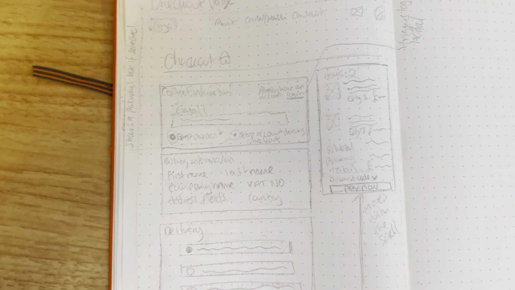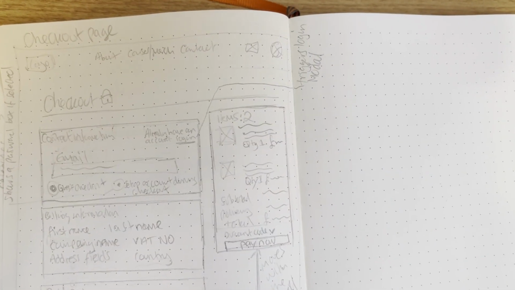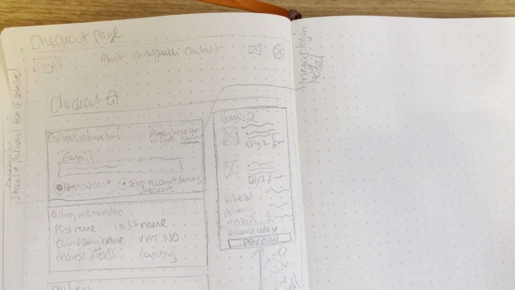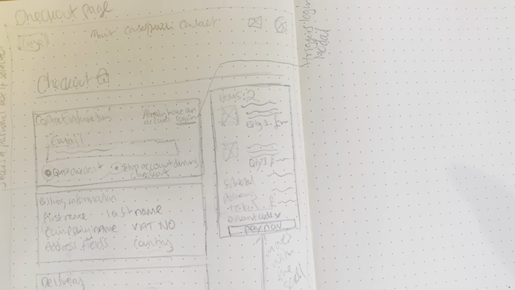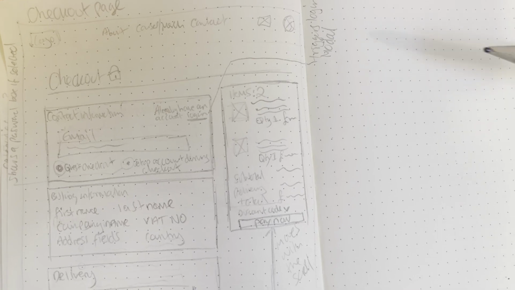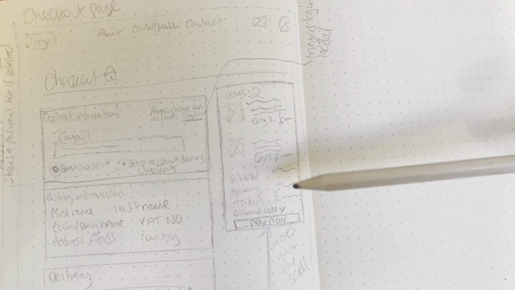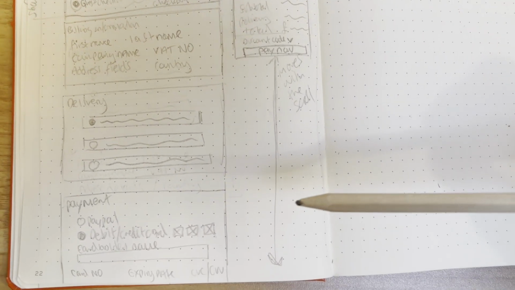And then moving on to the last page, a little bit more complex, it's the checkout page. We've got the same navigation at the top. Potentially there won't be an image at the top. We want to avoid distraction when people are in the checkout. So we've got the different stages. I'm not sure if you can see this in the video, but there is a contact information stage, a billing stage, delivery stage, and a payment stage.